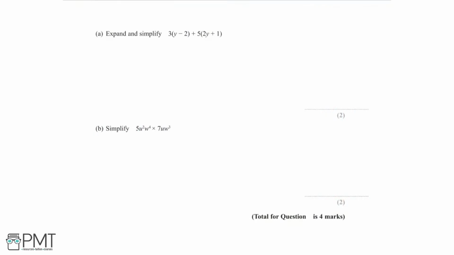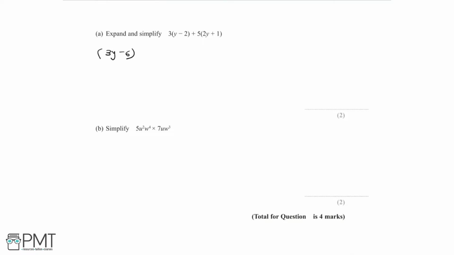In this question, we're asked to expand and simplify 3(y - 2) + 5(2y + 1). Let's start by simplifying the first term in the expression. 3 multiplied by (y - 2), we need to remember to multiply 3 by each term in the brackets, as 3 multiplied by y is equal to 3y, and 3 multiplied by -2 is equal to -6.